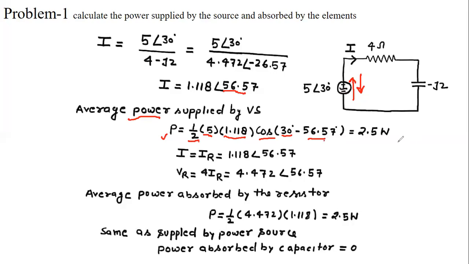When we solve this, the term is equivalent to 2.5 watt. So this is the power supplied by the source. Now second, we are interested in the power of the 4 ohm resistance. The current is the same, I equals IR, the same current across the resistance.